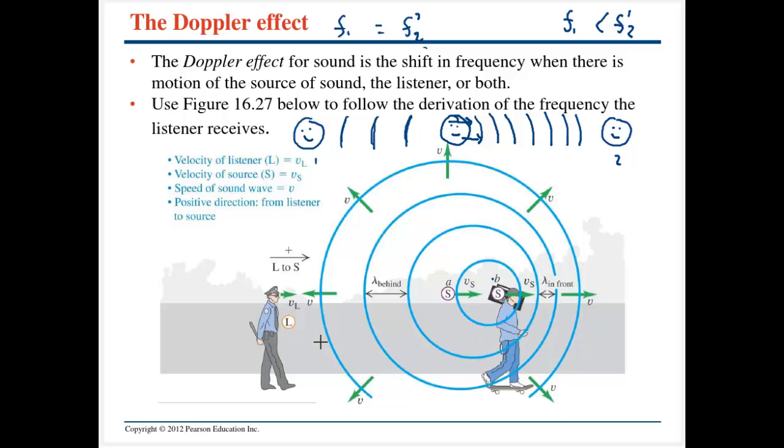One thing to keep in mind as we look at these is the definition of positive. The definition of positive is going to be going from the listener to the source.